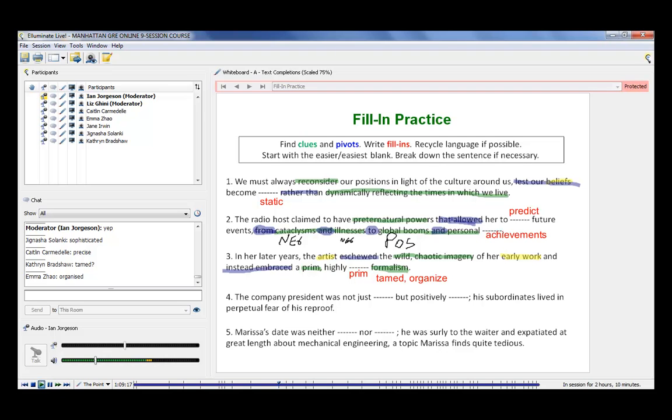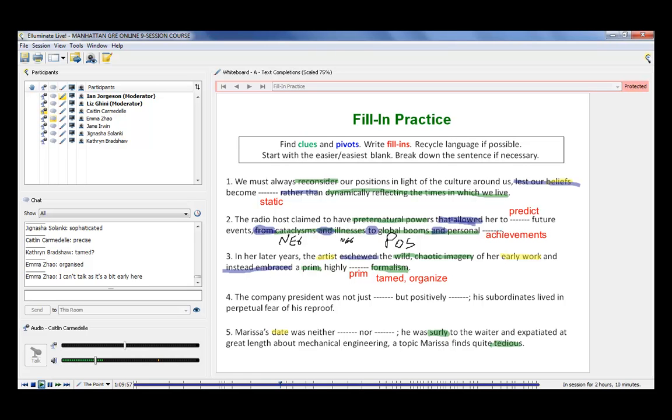All right, Emma, you're up. The fourth one. Okay, so start typing, and Caitlin, if you can get on the mic, tell us about the fifth one while Emma types in the fourth one. Hi, everyone. For the fifth one, I felt the blanks were describing Melissa's date, and the clues to how he was acting would be surly, and maybe Marissa's reaction is him being tedious.